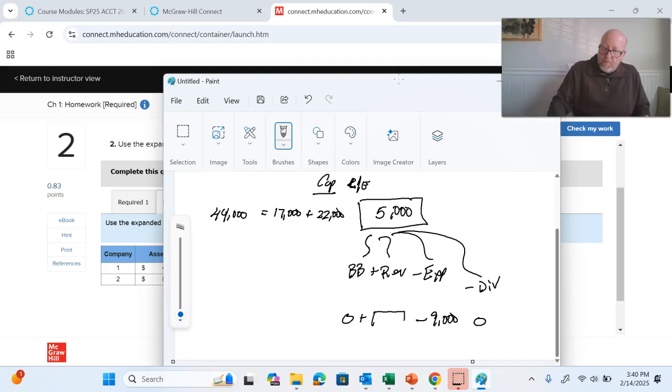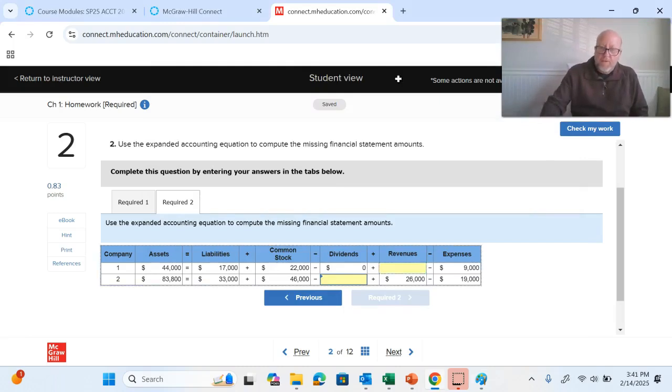So some positive number minus 9,000 has to equal 5,000. And I'm thinking that would be 16,000. So I would type in 16,000 in revenue. That's the way I would approach it. And I would do the same thing for the other.